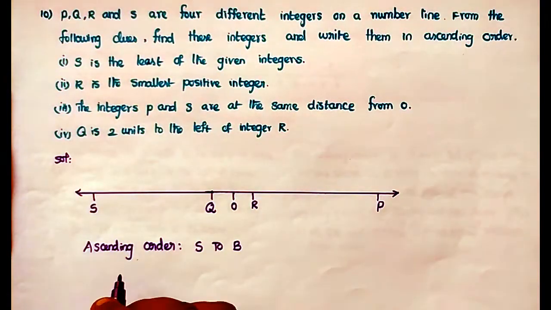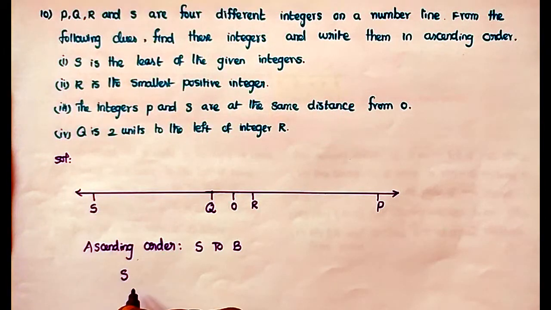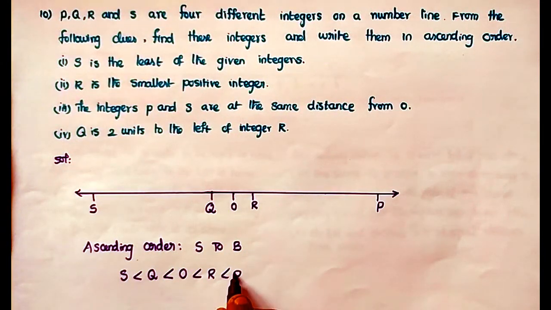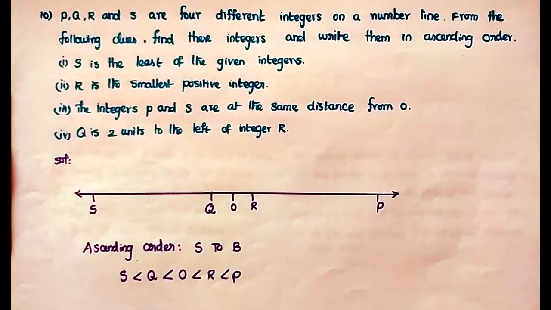So, which one is the smallest? S. S is smaller than Q, smaller than O, or less than P. So, that is the ascending order answer.